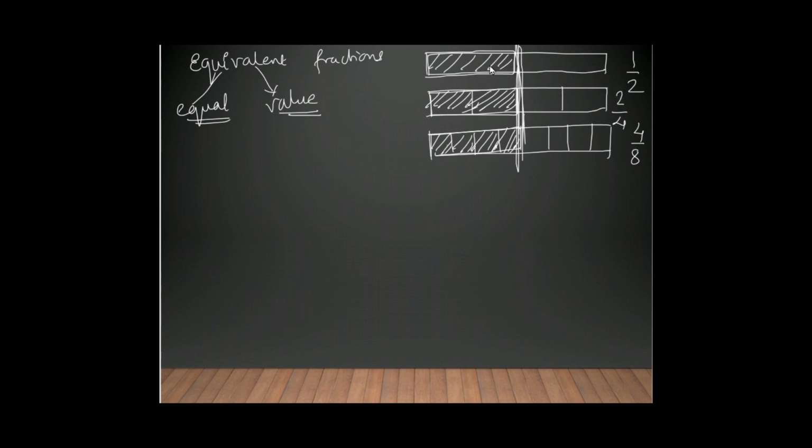Because the shaded part represented by these fractions is equal in size, half, 2/4 and 4/8 are said to be equivalent fractions, because their shaded parts represent the same size in all three strips. Okay, so they are all equivalent fractions. Now, another term that comes into the picture once you understand equivalent fractions is simplest form.